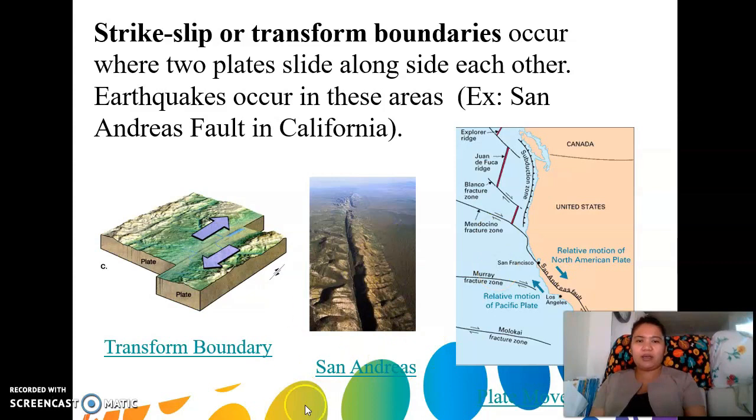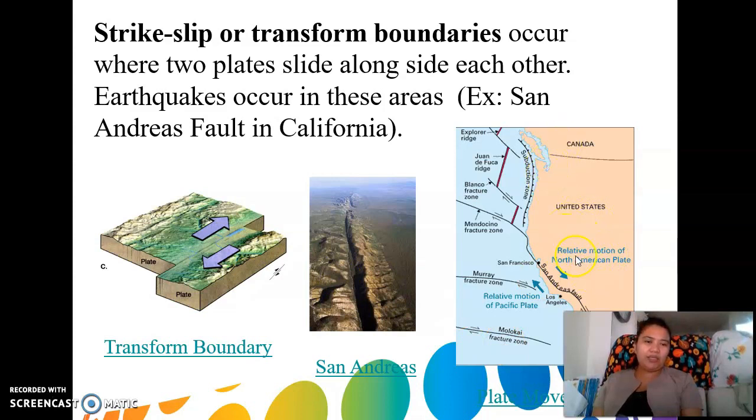As you can see, this is a picture of the San Andreas Fault system, which shows that it's a very long and narrow fault system that travels through California. This falls under the category of strike-slip, wherein two plates slide with respect to one another. What are those two plates?